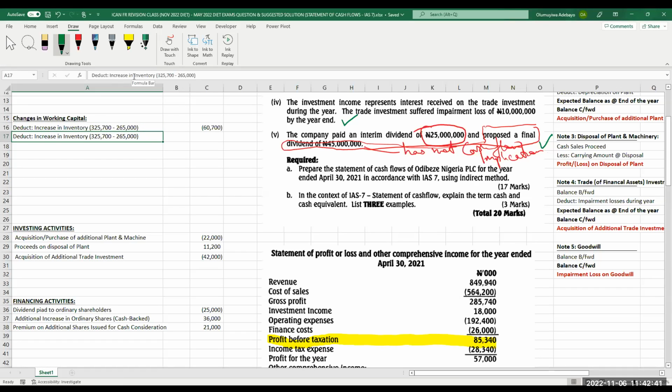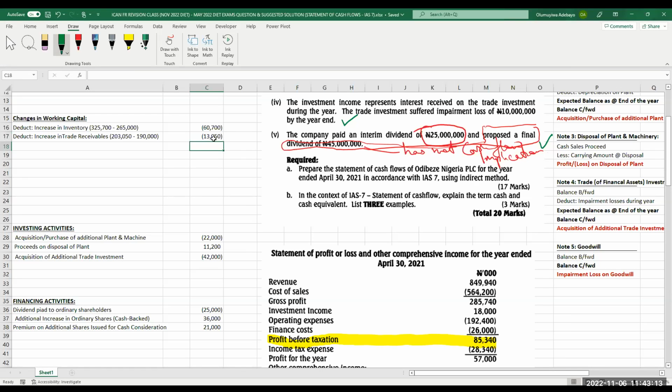Increase in trade receivable is now 203.50 from 190, and that will give me 203.50 minus 190.